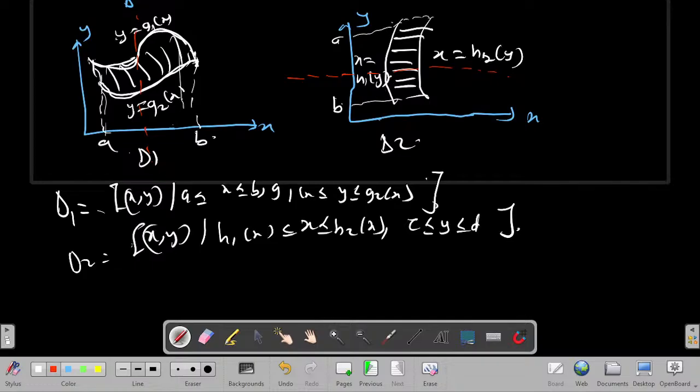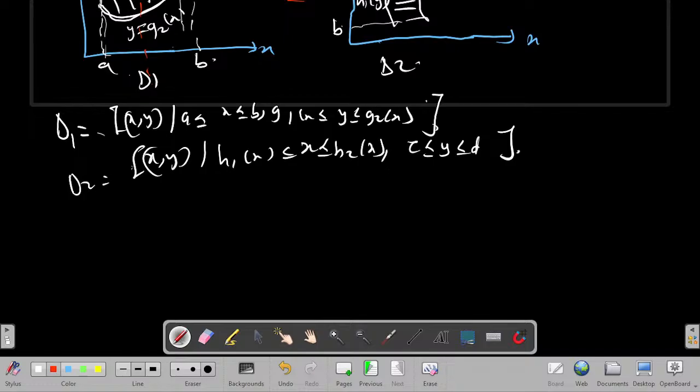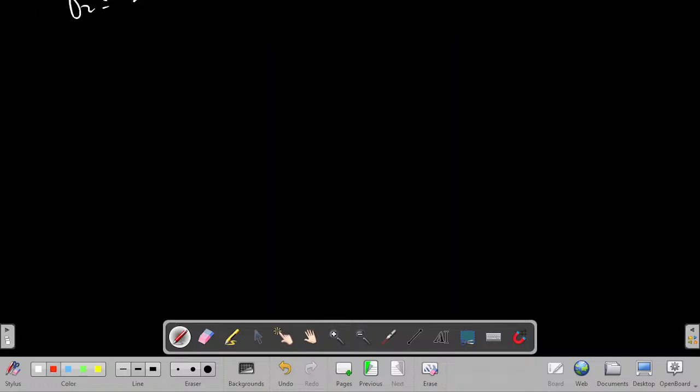Then your y limits become c and d. Here when you cut through y, your y part becomes function and your x becomes known values. Here when you cut through x, your y part becomes known value and your x becomes function. As simple as that.